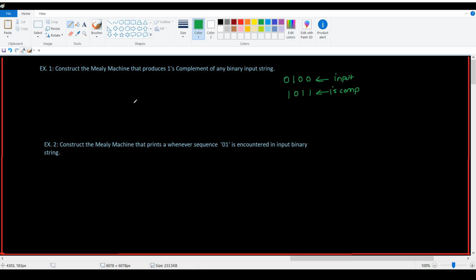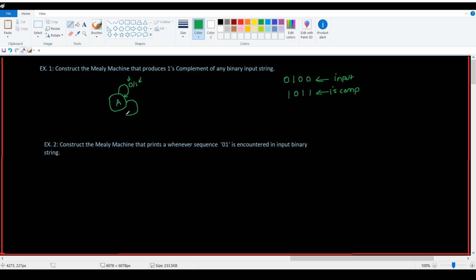Now I want to construct a Mealy machine for that. If I consider A is the initial state, for example, and 0 occurs, that should be complemented to 1. So if 0 is the input, 1 is the output, right?